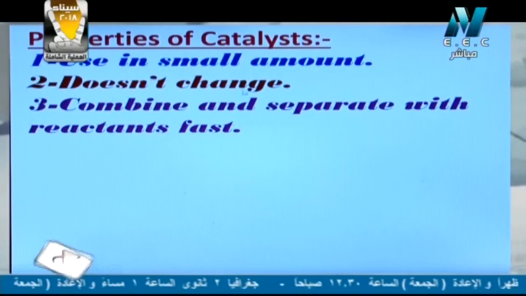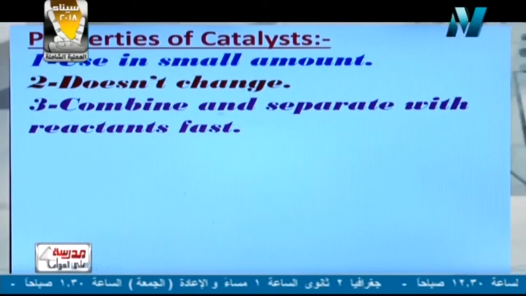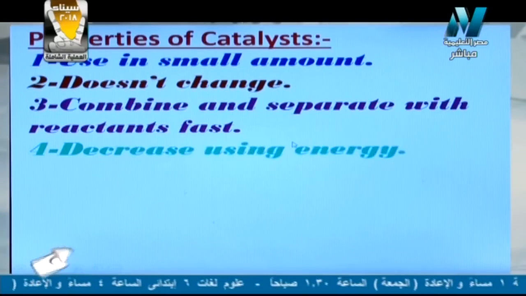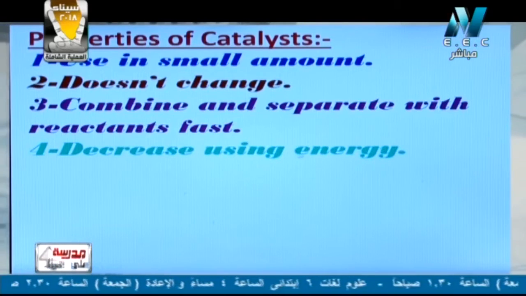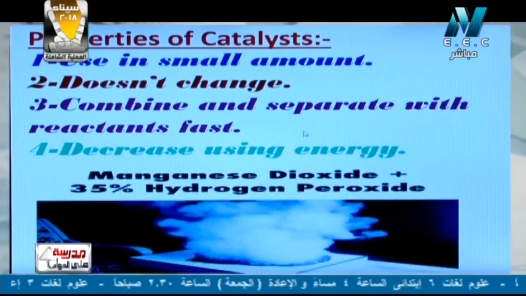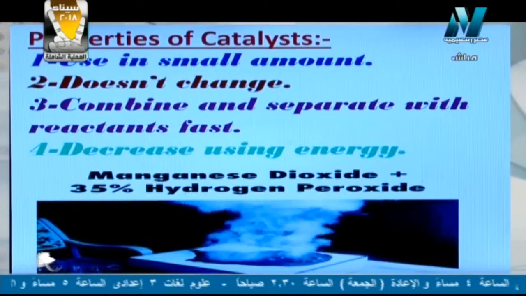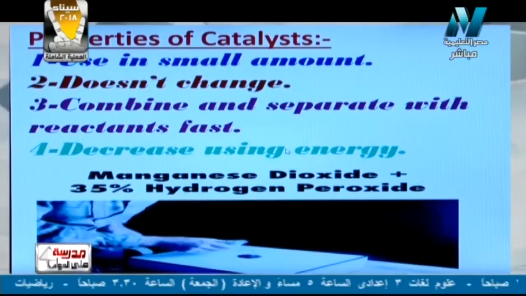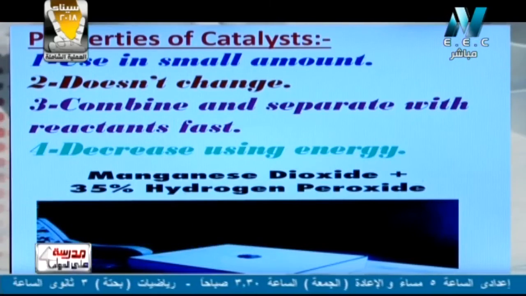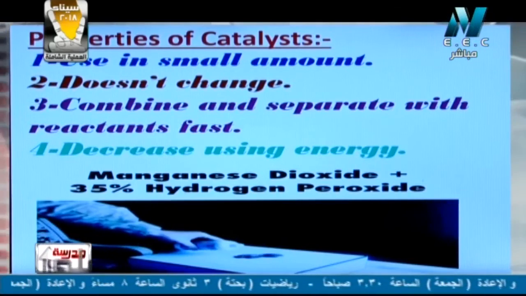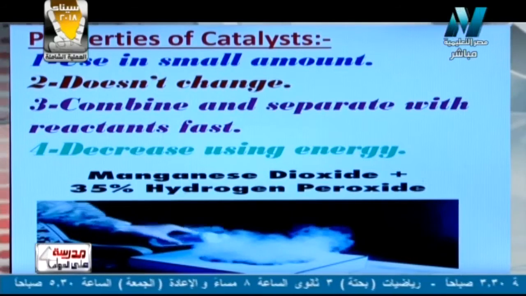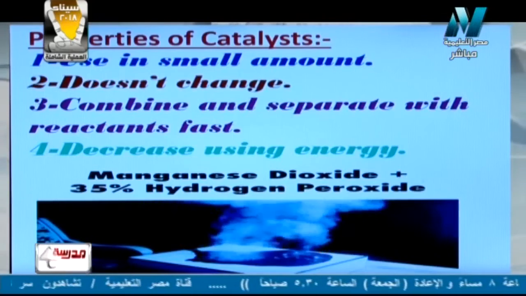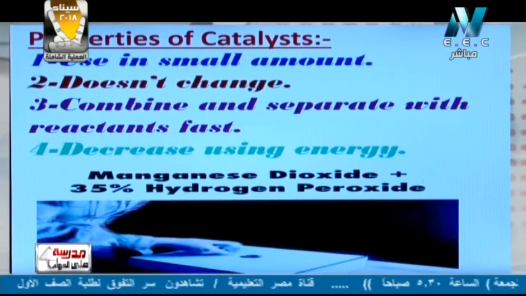Number 3, used in a small amount, maybe 1 gram. Number 2, doesn't change, and give reason: it combines and separates with reactants fast, as if I pushed one and moved away.